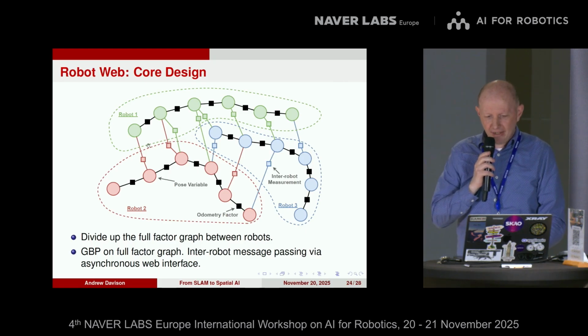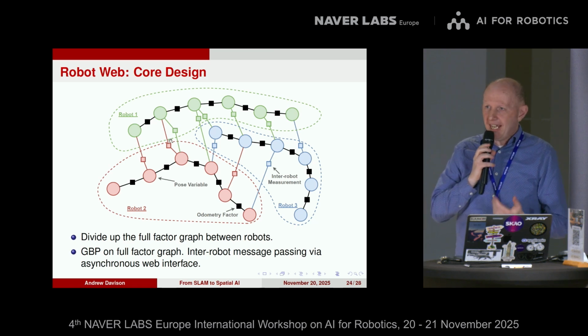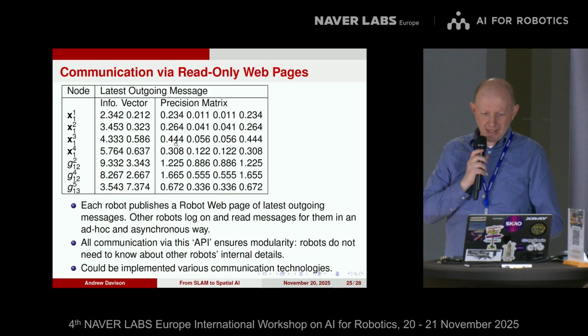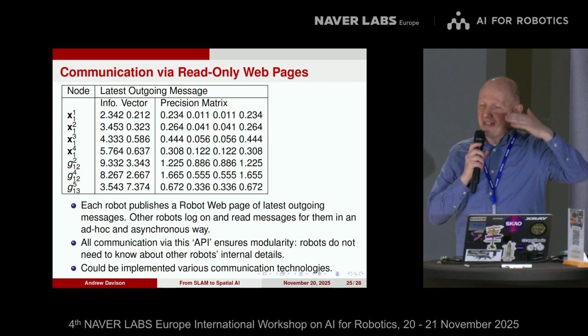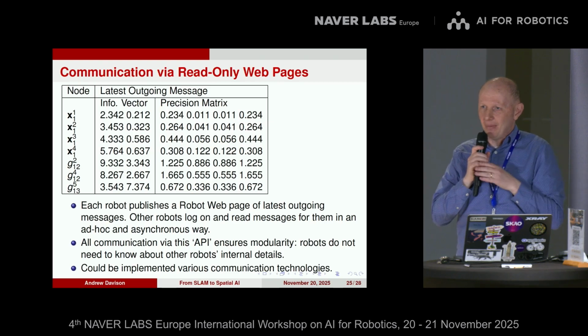But the really nice point about belief propagation is this asynchronous property. This does not have to happen at the same rate as the message passing inside the fragments. What each robot does is present what we call a robot web page, which is basically all of its latest outgoing messages presented on something like a web page.